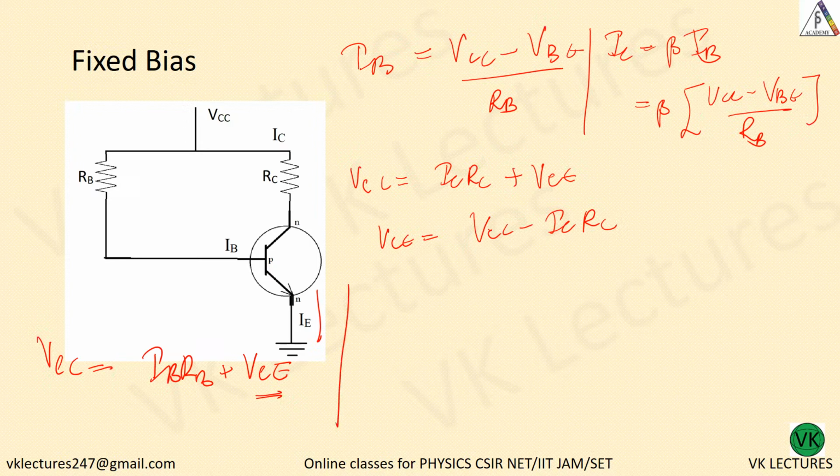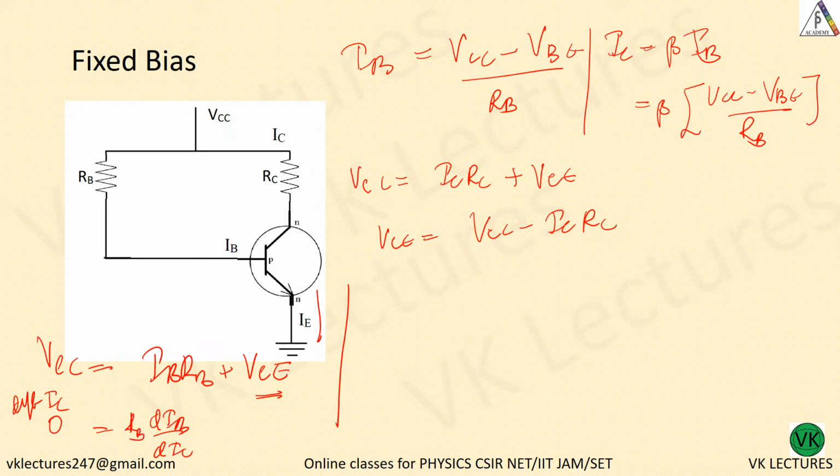Now just differentiate with respect to IC. What you are getting? 0, this quantity 0, differentiating with respect to IC, 0 equal to dIB by dIC into RB.